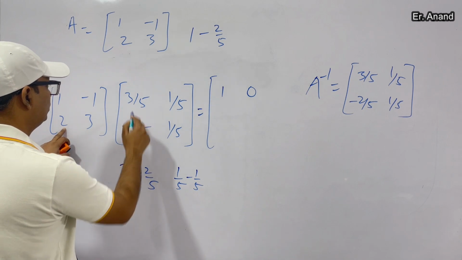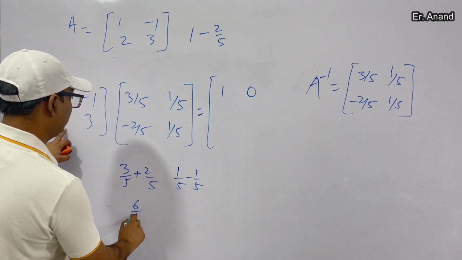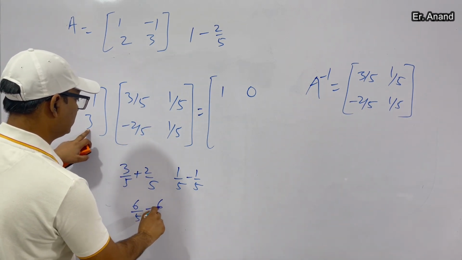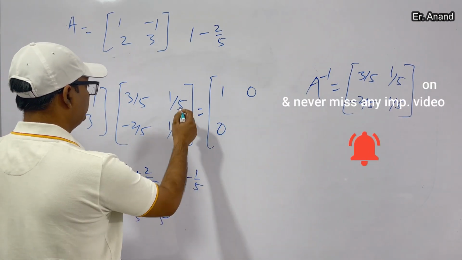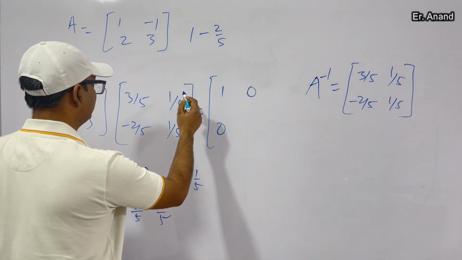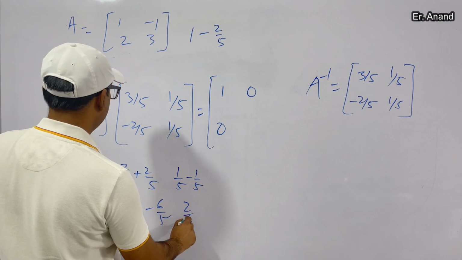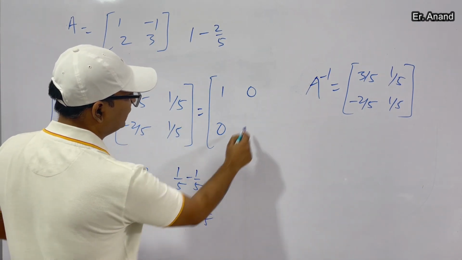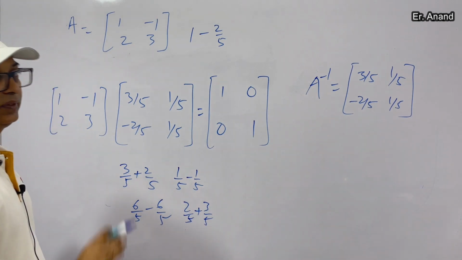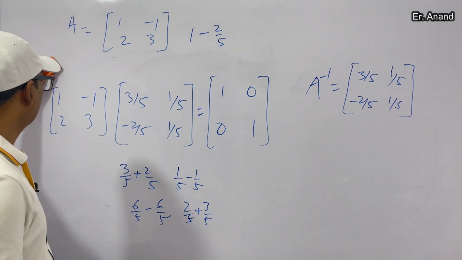See this. 2 into 3 by 5, that is 6 by 5 plus minus 6 by 5. So this is 0. This one, 2 into 1 by 5, that is 2 by 5 plus 3 by 5. See 1. So we get I. Clear? We have checked it. Okay.